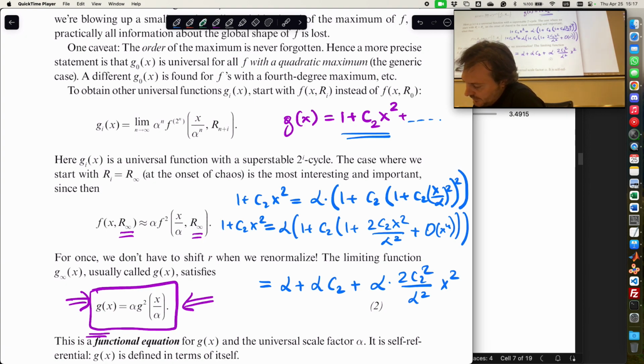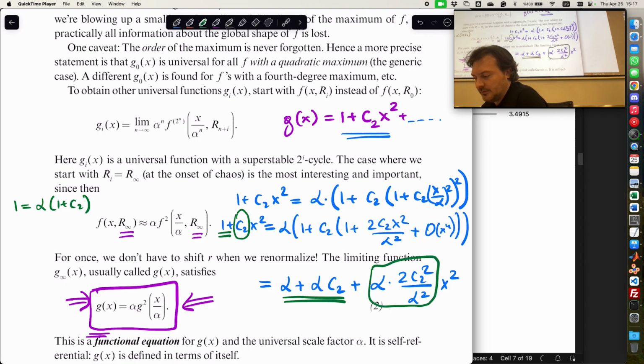Look at this. 1 is equal to alpha plus alpha c2. That's equation 1: 1 equals alpha times 1 plus c2. The other equation is c2 is equal to this thing.